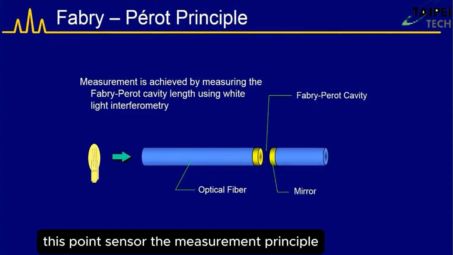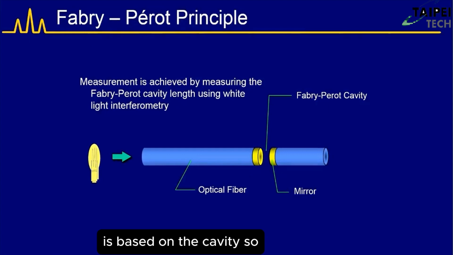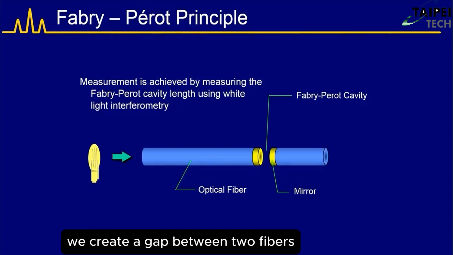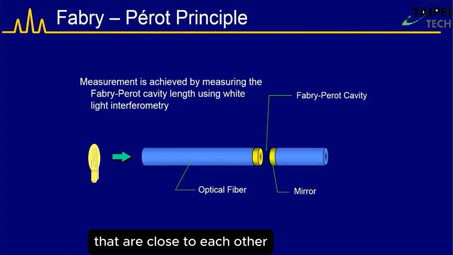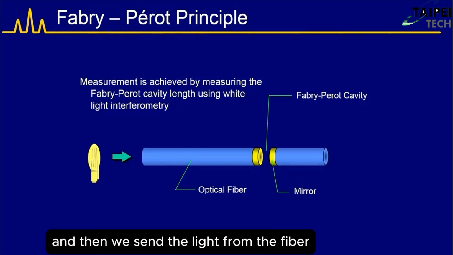The measurement principle of this point sensor is based on the cavity. We create a gap between two fibers that are close to each other, and then we send light from the fiber.